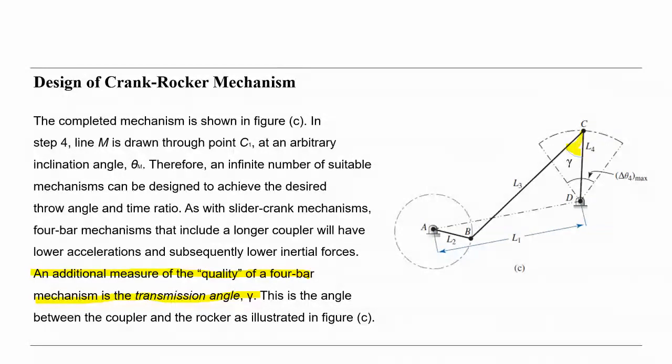That means we have two limiting positions, and it must be between, as we discussed at the beginning, 40 and 140, and it shouldn't exceed 40 and 140. This is the angle between the coupler and the rocker, as illustrated in the figure.